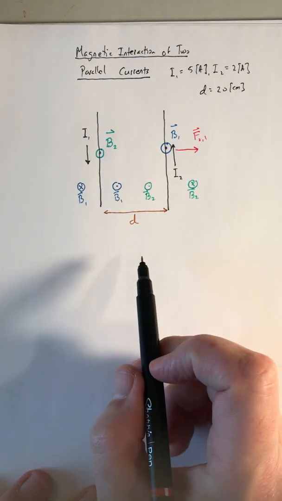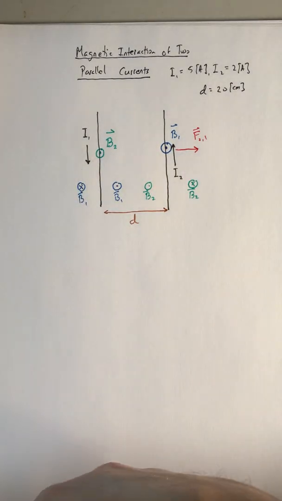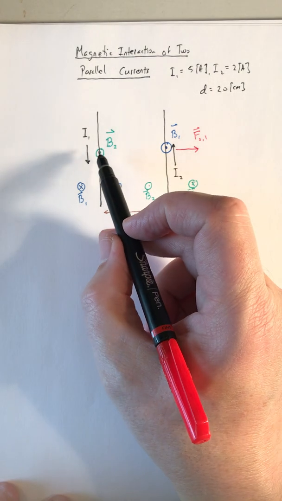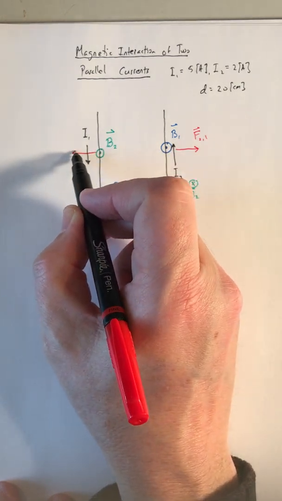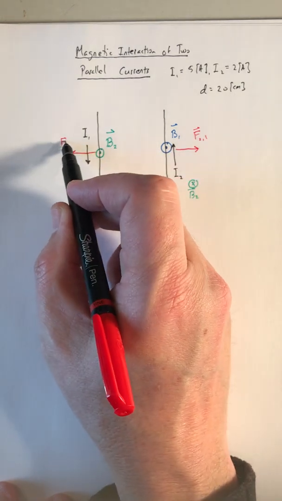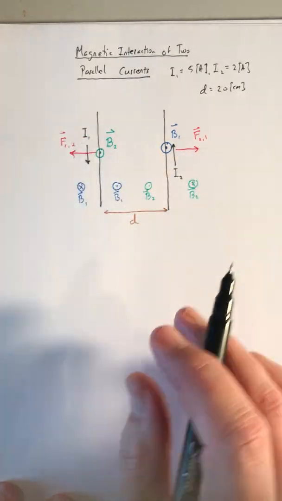And then similarly, it's going to hurt my hand to do it, but the force on current 1 due to magnetic field 2 is going to point to the left. So that's the force on 1 due to 2.